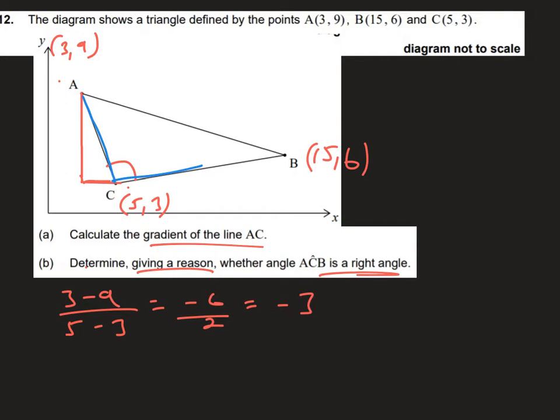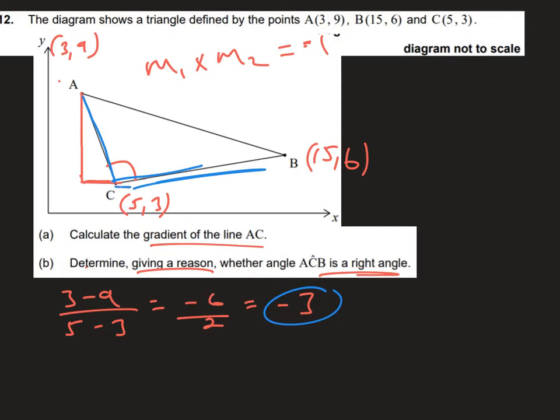Or another way of writing that is the gradient of AC, which we'll call M1, multiplied by the gradient of CB, which we'll call M2, is equal to negative 1. We've already got the gradient of AC, which is negative 3. So what we need to do is find the gradient of CB and see if this relationship holds.